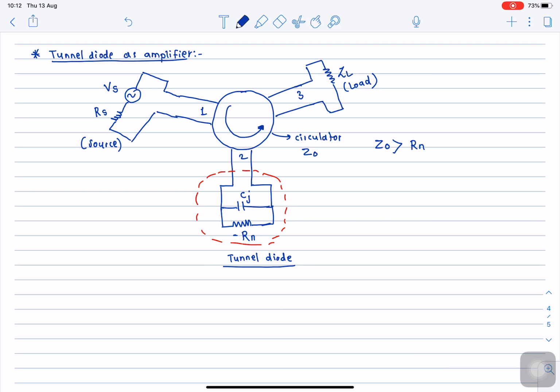When we calculate the reflection that will take place at port number 2, gamma we can give as (negative resistance Rn by Z0 minus 1) upon (Rn by Z0 plus 1). We are neglecting the effect of the parallel capacitor.